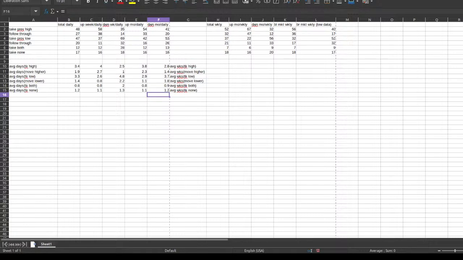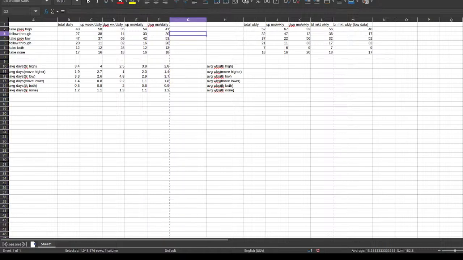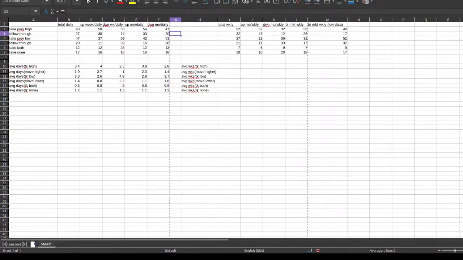There we go. And then we can actually do another column there, just to make it a little bit easier to visualize this.